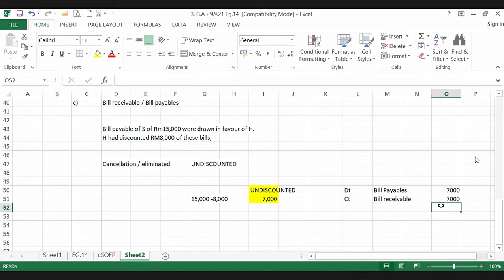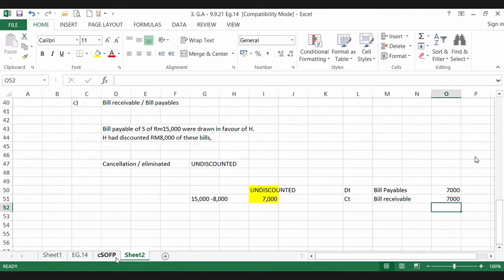Do not minus discount. You have to eliminate undiscounted. This is not discount for the goods, this is a bill. This is not discount on selling price. Discount on selling price is different.